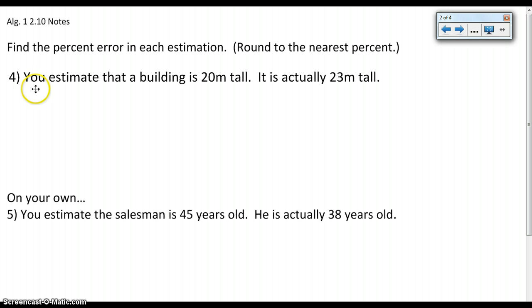So the first thing we do is take the absolute value of the estimated value, which is 20, minus the actual value, which is 23. We take the absolute value of that divided by the actual.